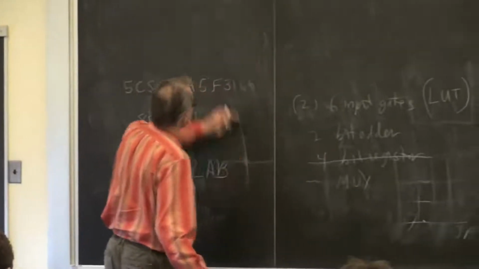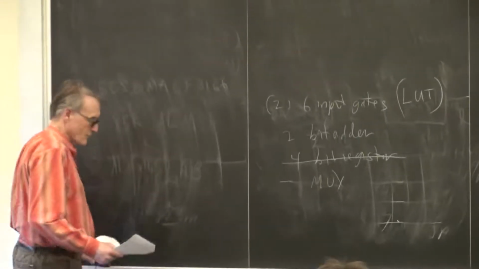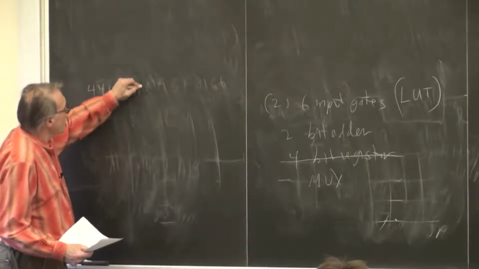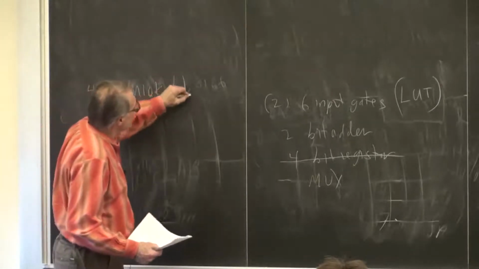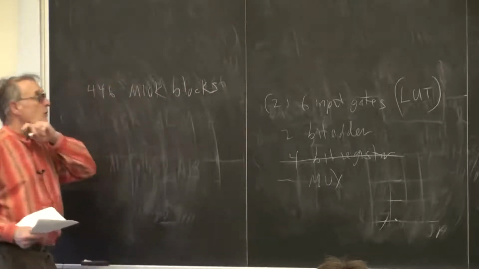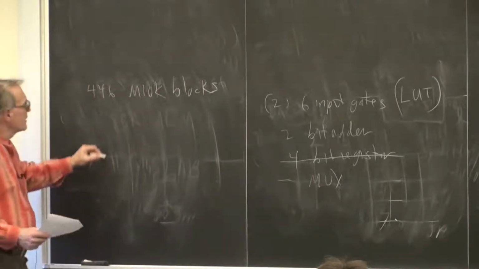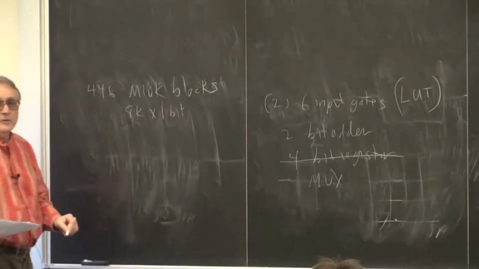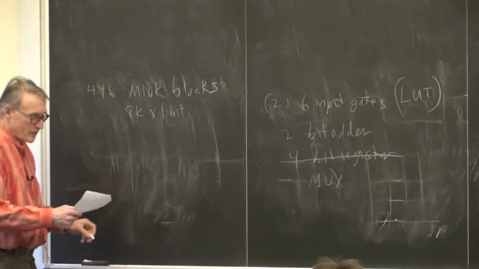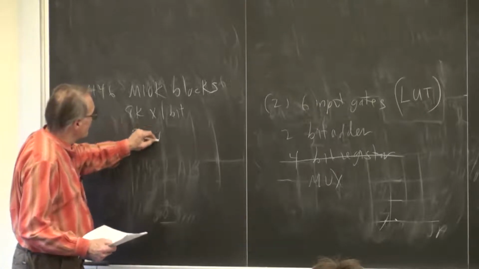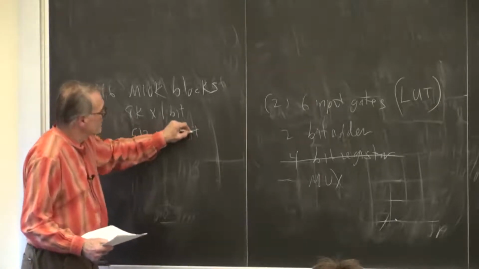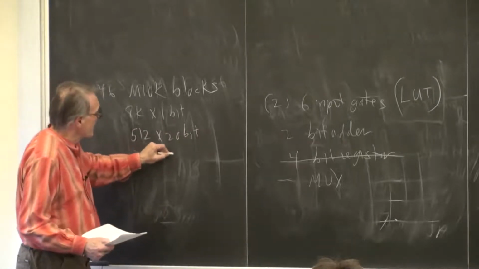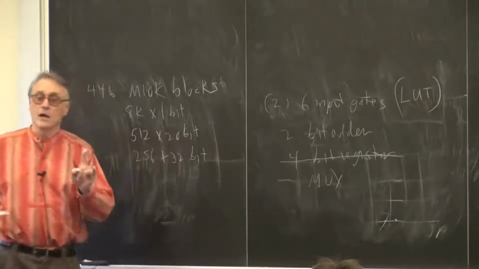Which brings me to memory. Chip has 446 M10K blocks. So one M10K block could do an 8K by 1 bit. It can be configured to be 512 by 20 bit. Or it can be 256 by 32 bit, among many other choices.